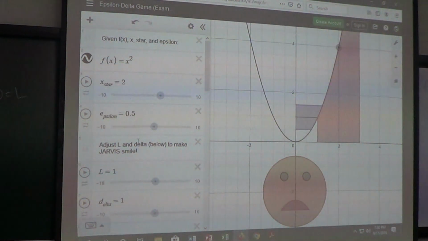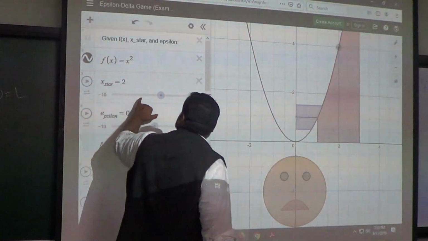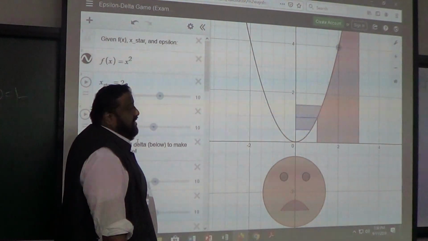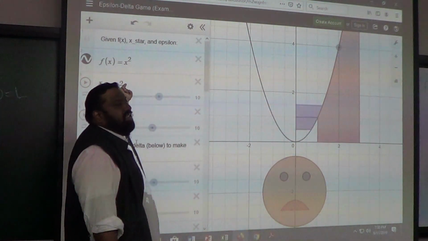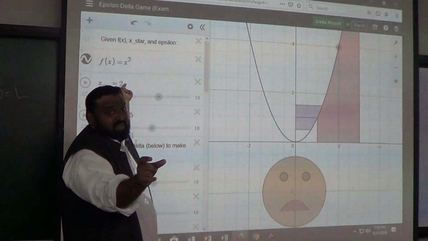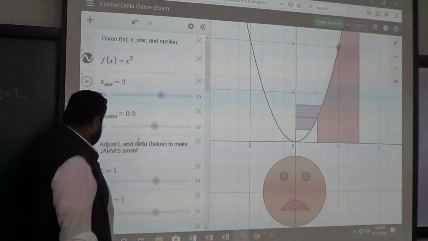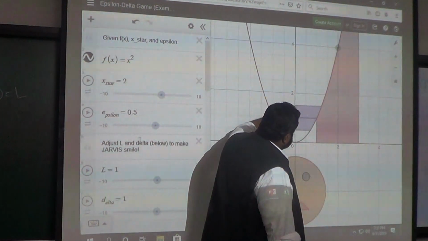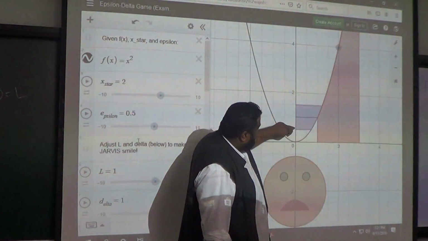So what does it mean? Here's the thing. If I am in the neighborhood of, or near, this point, are the outputs of that neighborhood going to be in the neighborhood of 1, which is here? So this is 1, and epsilon is 0.5, so this is 0.5.